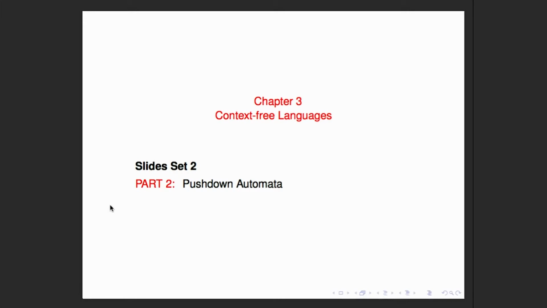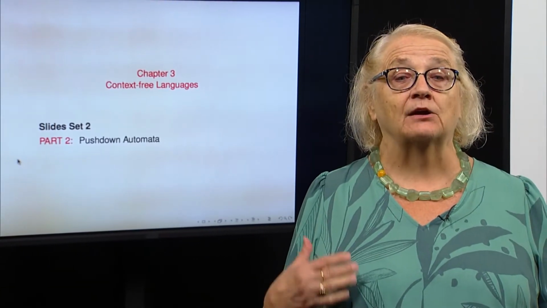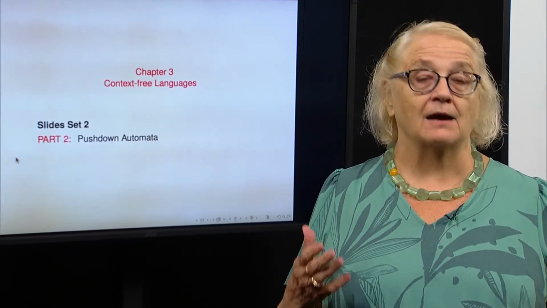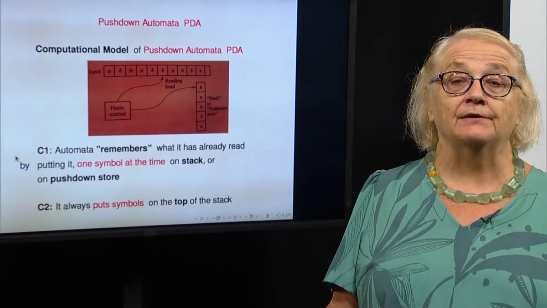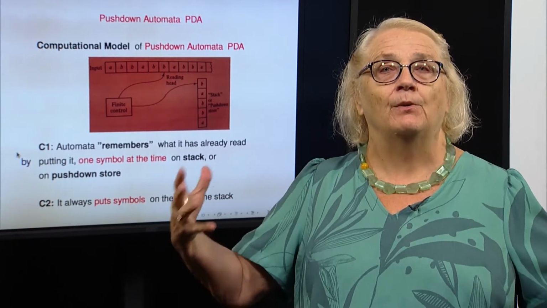So now we have a new type of automata, which will be connected with context-free languages and context-free grammars, which are called push-down automata. So here is a richer model.